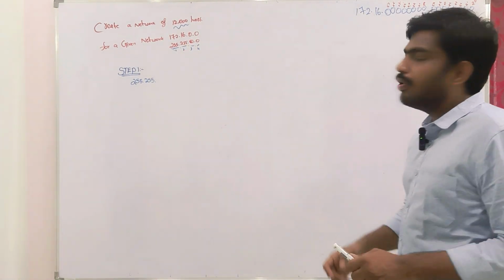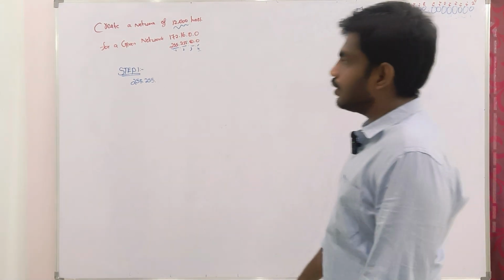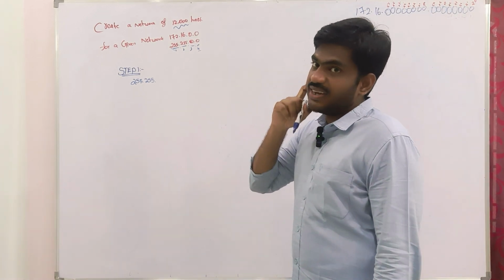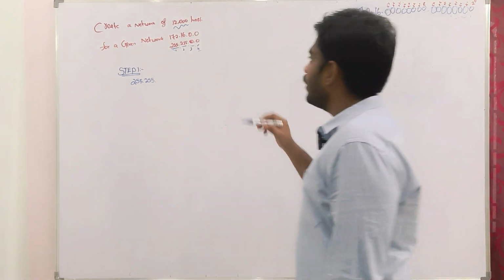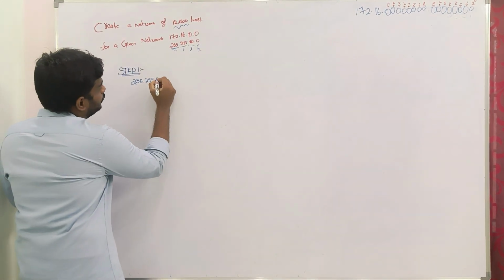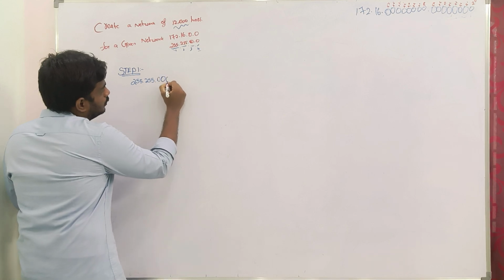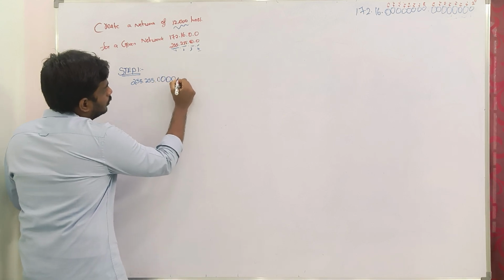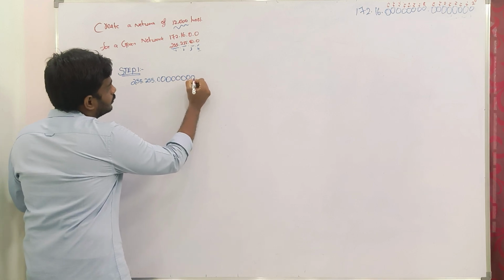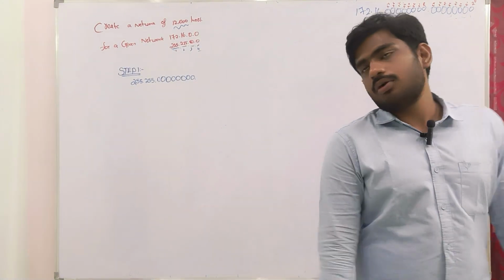You convert the third octet and the fourth octet to binary. Each octet contains 8 bits. So here we have 0, put consecutive 8 bits of 0, which is 1, 2, 3, 4, 5, 6, 7, 8.